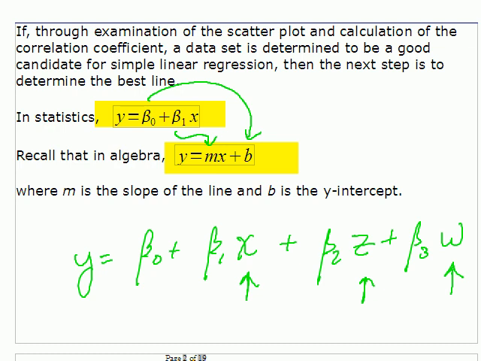For example, maybe you were looking at some kind of fit for politics, and x is a location with respect to Washington, D.C., perhaps, and z is the age of the person. W could be whether they were male or female. So you would have different factors all coming together, and let's say they're all linearly related.